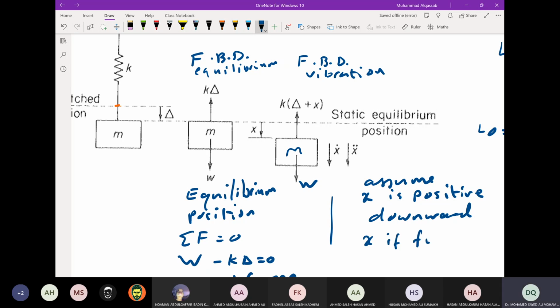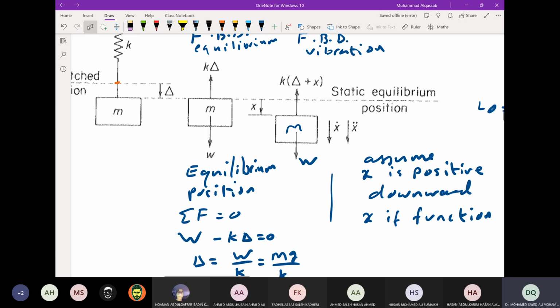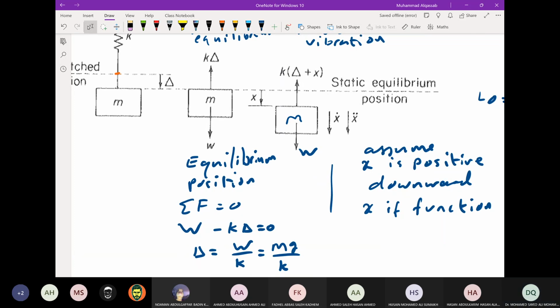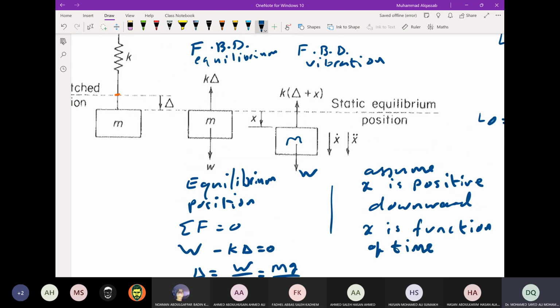So this is an arbitrary position, or like a snapshot. Then I can say this free body diagram is the free body diagram for vibration at an arbitrary position, not at any specific position, in the positive direction.